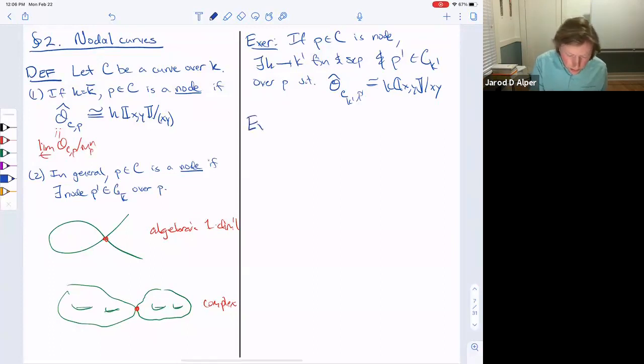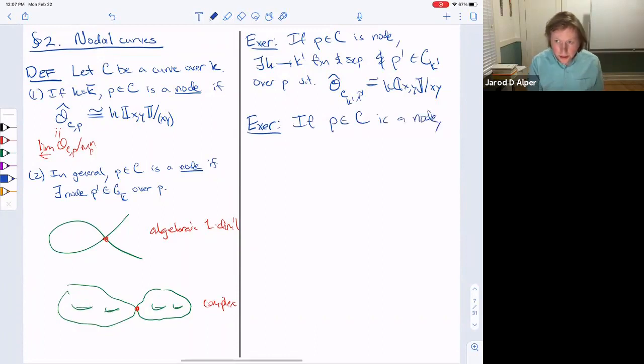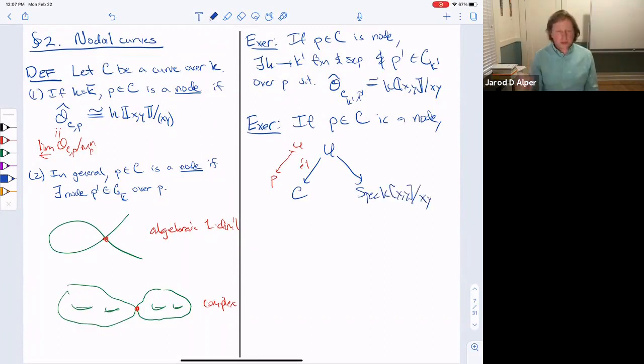And we also have the following very nice characterization of nodes, which I'll also leave as an exercise. If you have a point P of C that is a node, then you can find an étale neighborhood of C, so this is étale, and a point U over P, and so that is also étale over the planar node.